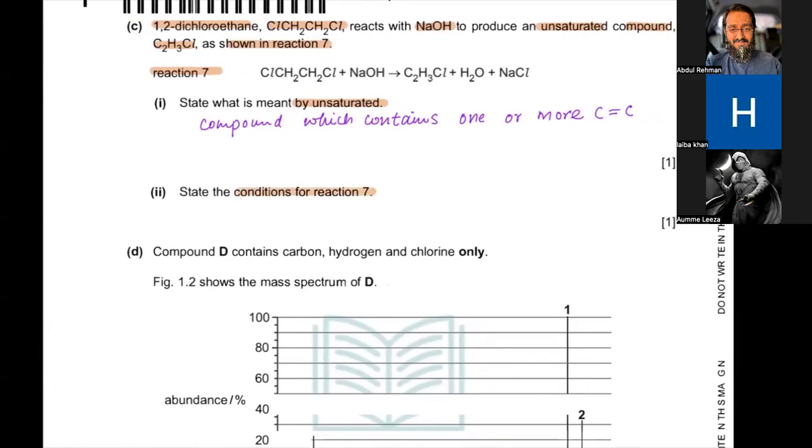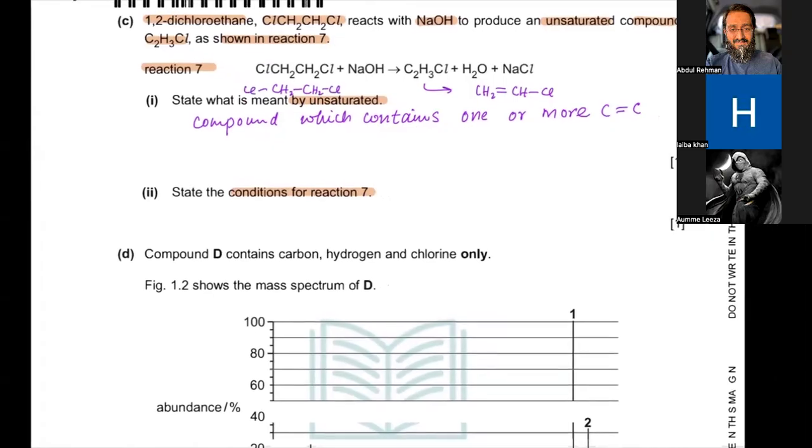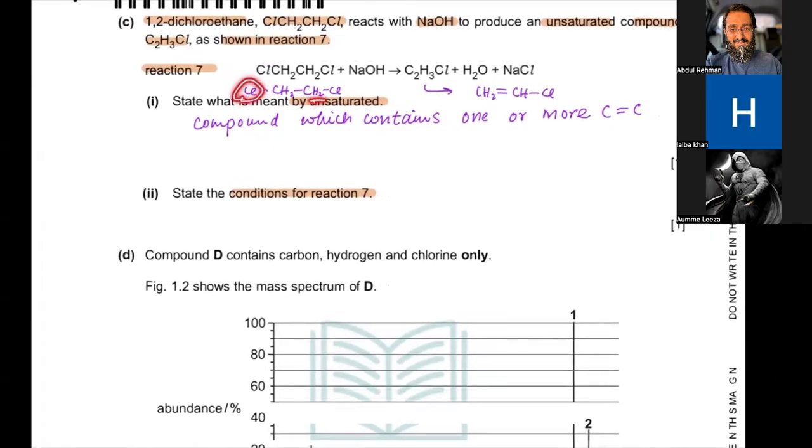State the conditions for reaction 7. As it's an elimination reaction, the structure is going to be CH2=CHCl, and it comes from CH2ClCH2Cl. So the chlorine from the left and one hydrogen from here are eliminated, and we will get a double bond.